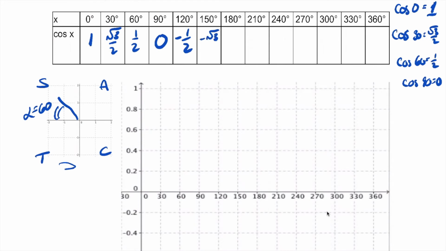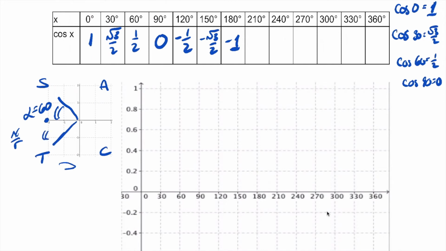And finally, when we get cos of 180, the definition of cos is x over r. In this case, x is really the -r. So we get cos of 180 is -1. Finally, in the third quadrant, we get cos of 210, so it will be somewhere in this quadrant.